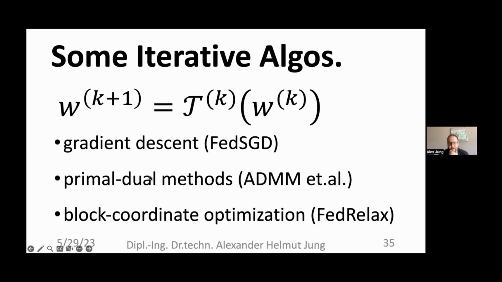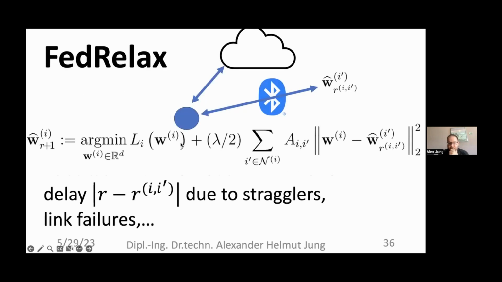Here the fixed point iteration has a very appealing form, in my opinion: at each iteration, each node does empirical risk minimization, where the regularization term is obtained from the other nodes' weight vectors. So we use the other weight vectors to regularize the local training problem.